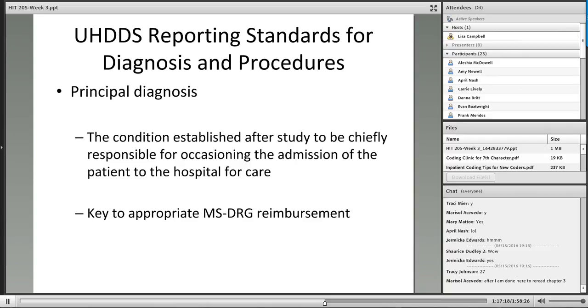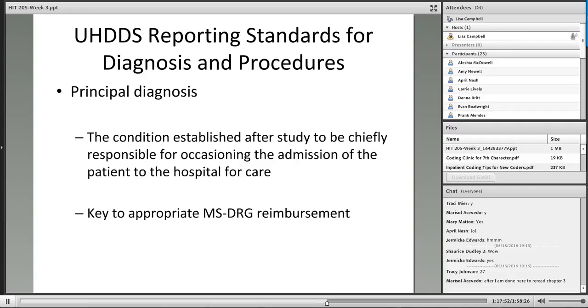Now, I don't know if it was week 1 or week 2. We talked about the fact that MSDRGs has a 3-tier structure. Does everybody remember that? MSDRGs has a 3-tier structure. And if you do not remember that, in the doc sharing area of the course, there is a document, and let me find mine because I have my binder that I recommended that you all have.